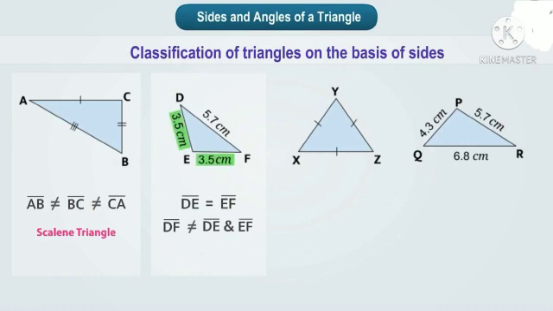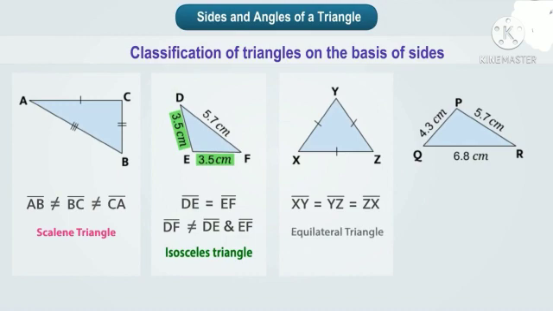Since only two sides of the triangle are equal, it is an isosceles triangle. Triangle XYZ has the same sign on all three sides. We can say all sides are equal. Hence, it is called an equilateral triangle. In triangle PQR, the measures of the three sides are not equal. So, this is a scalene triangle.